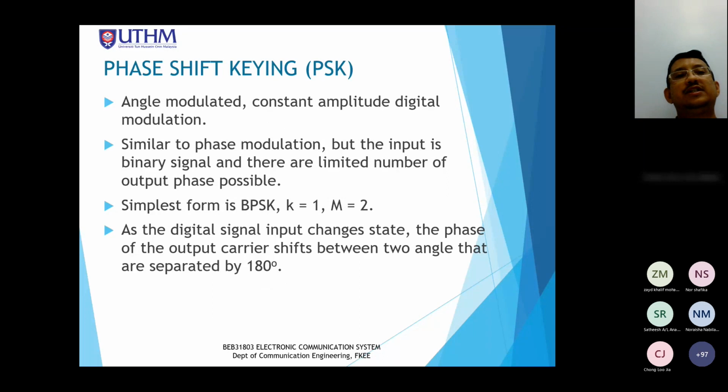And if we look to the third type of modulation, which is phase shift keying, okay, the last type, which is PSK, phase shift keying. So for phase shift keying, if the phase of the carrier change during the modulation process, it will produce PSK.